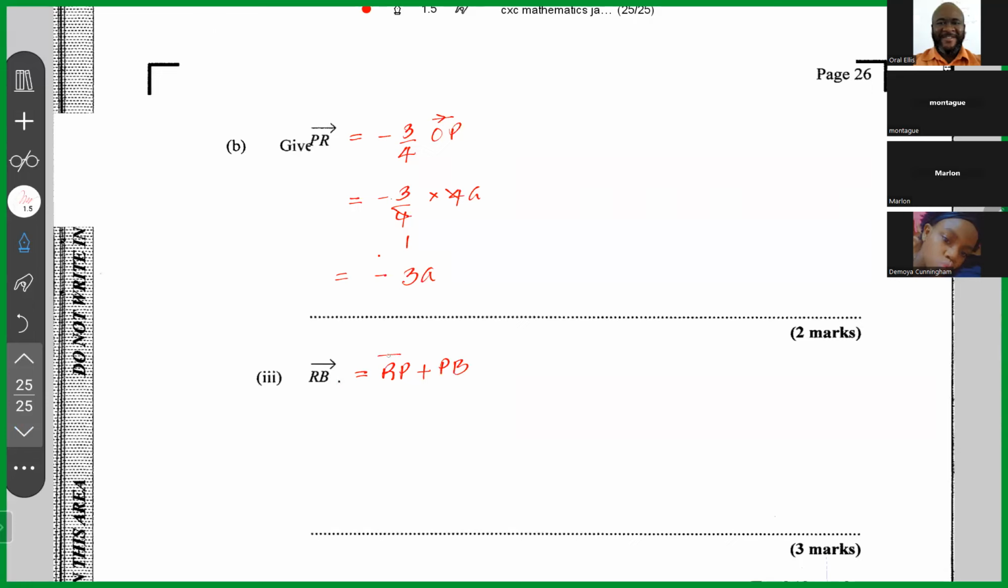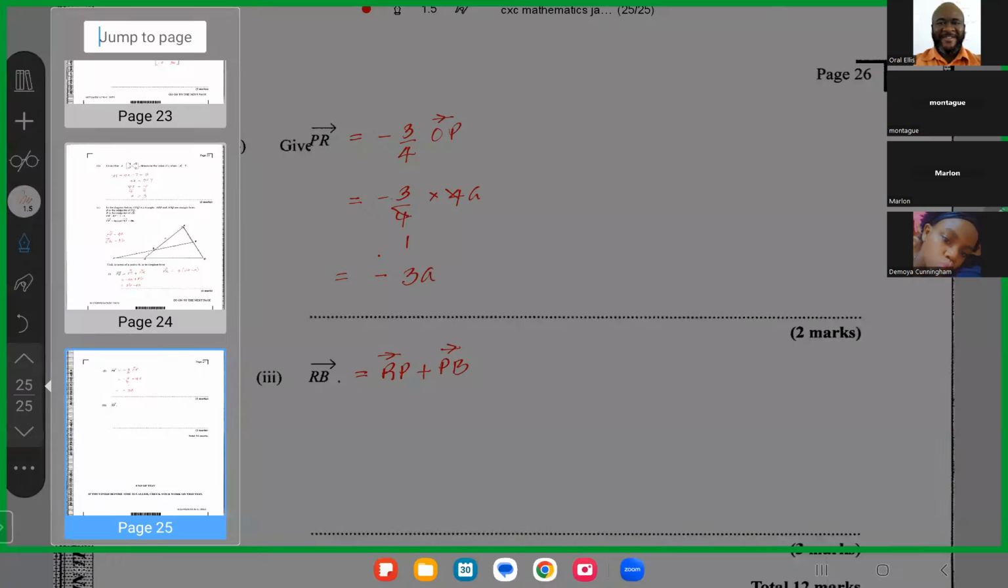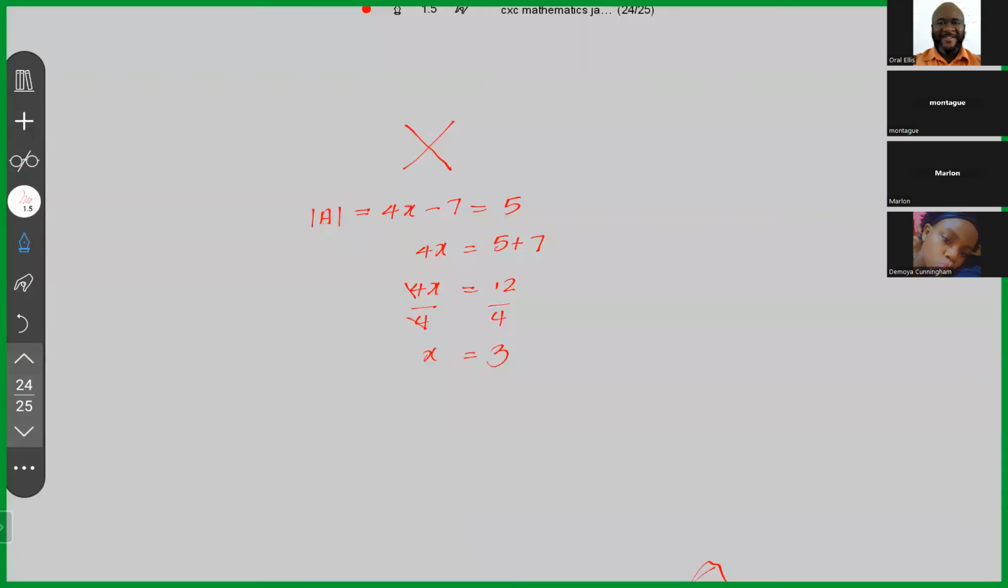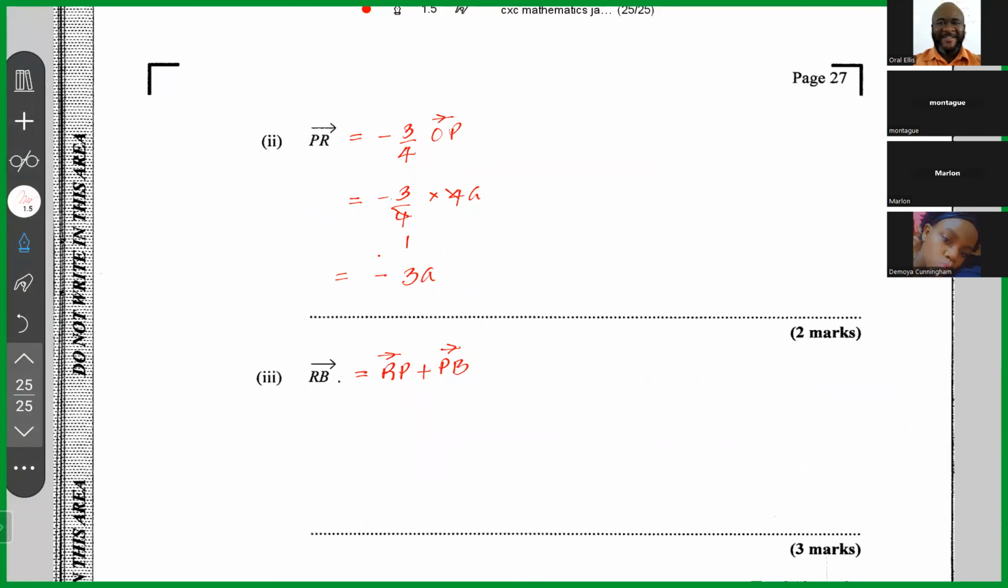That's RB using the triangle law of vectors. We just found PR. PR is minus 3A. So RP would be 3A.